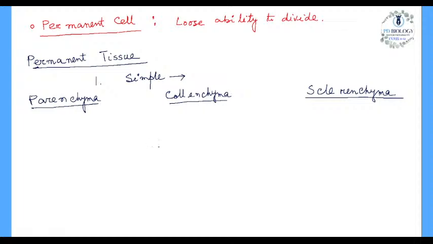So if we discuss the three permanent simple tissues comparatively, we can say parenchyma are major component within organs.